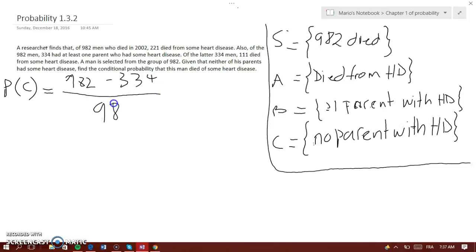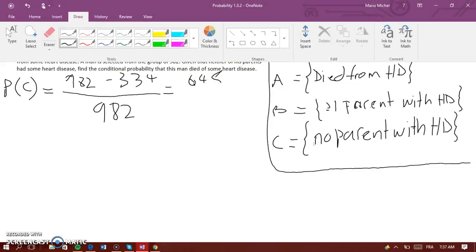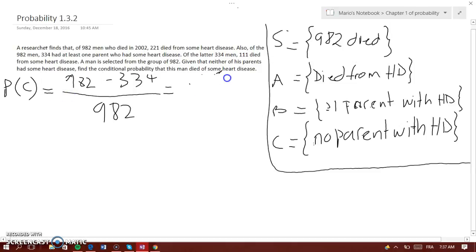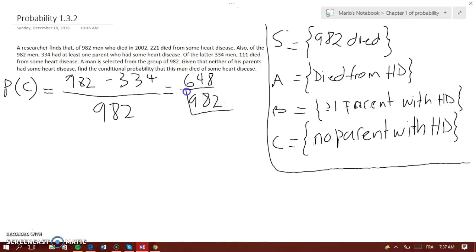That's the probability of no parents, which is 648, which equals 648 out of 982. This is the probability of no parents with heart disease.